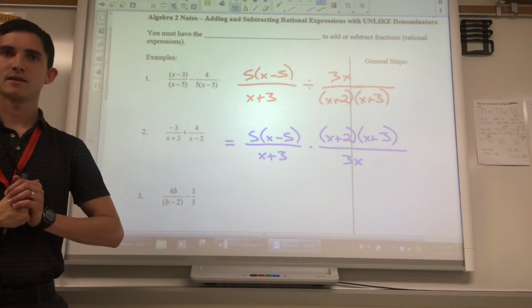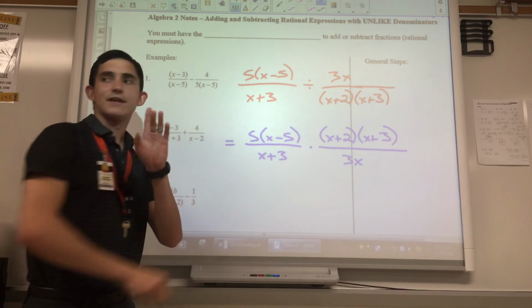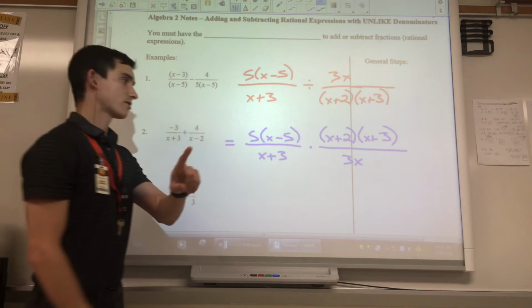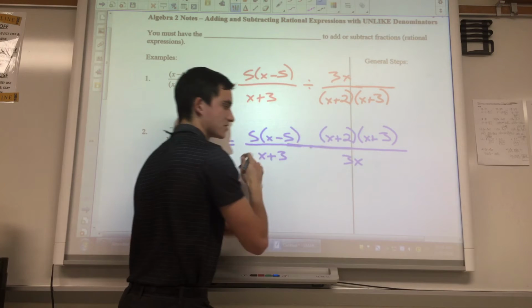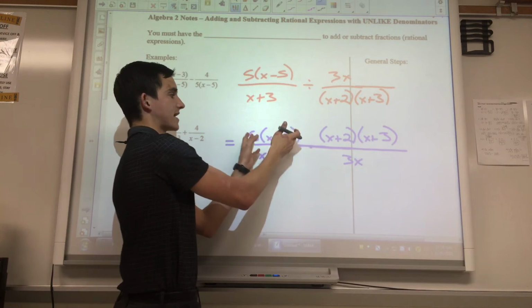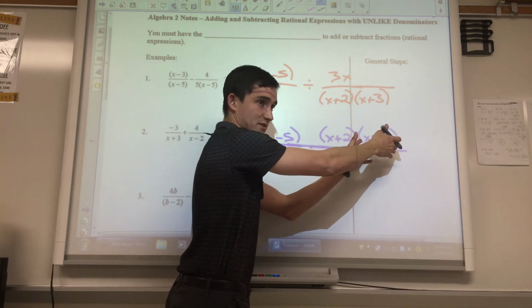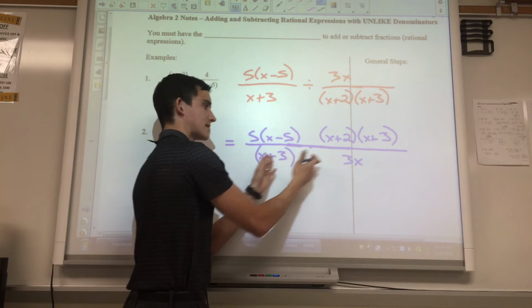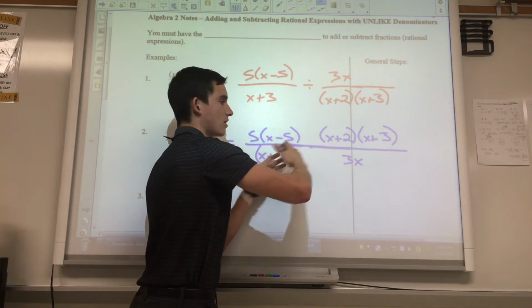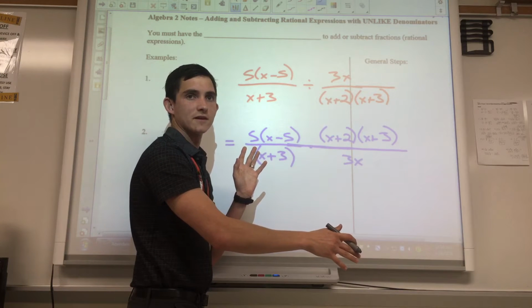Y'all understand that? And you multiply straight across. Now think about this. If you're multiplying straight across, if I were just to make it one big line, you have 5 times x minus 5 times x plus 2 times x plus 3, right? And on the bottom you have x plus 3 times 3x. And it's all just multiplied together at this point.